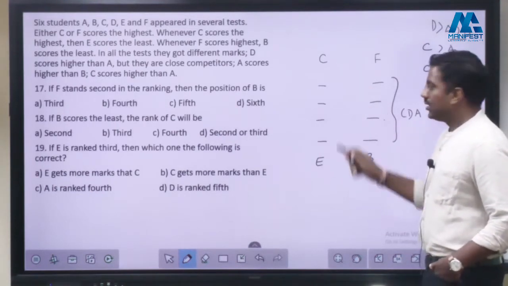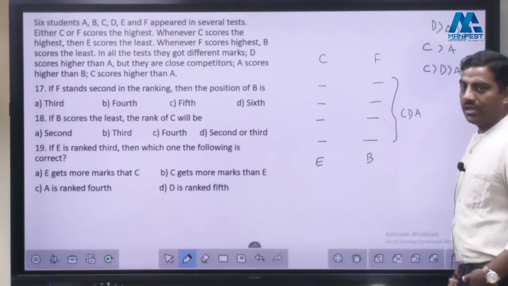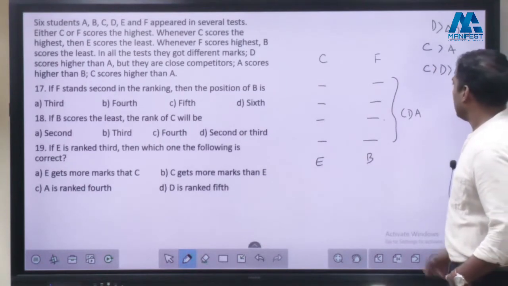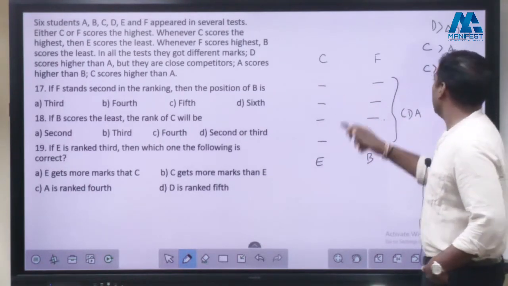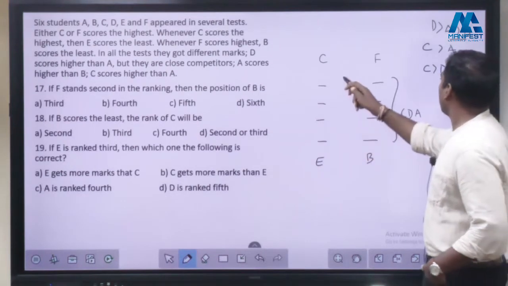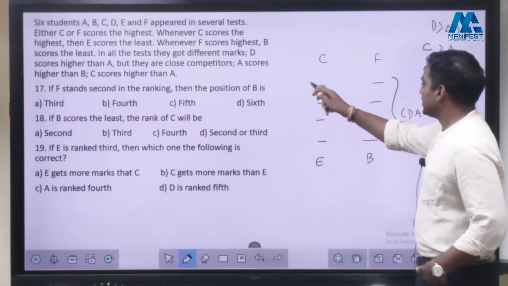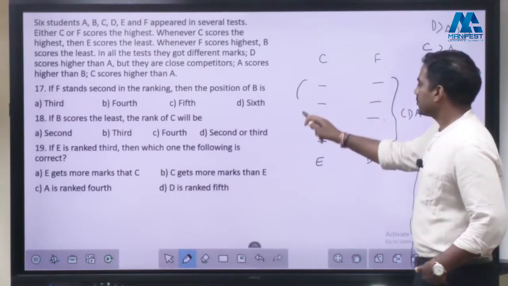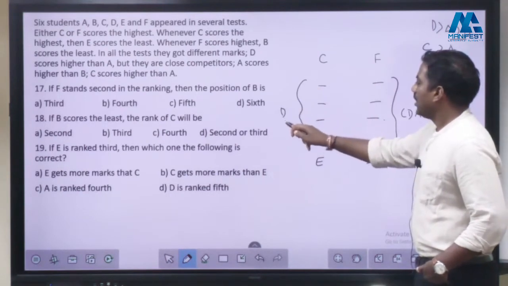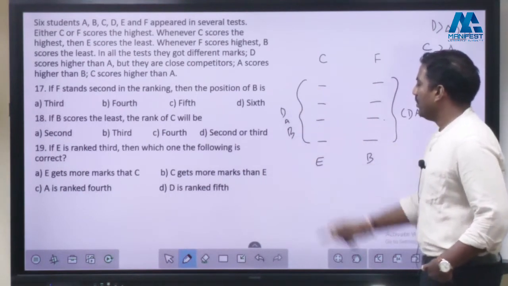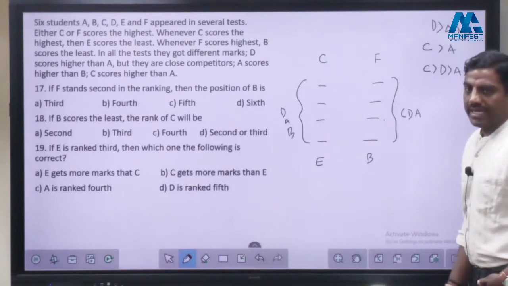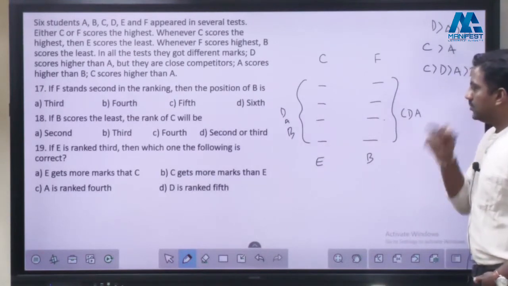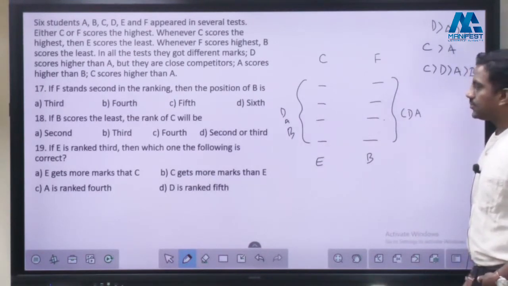If this is the order, then CDAB will come here. Definitely in this case, D, A, B will be occupying these places. CDAB.